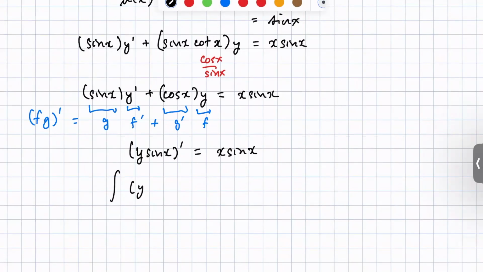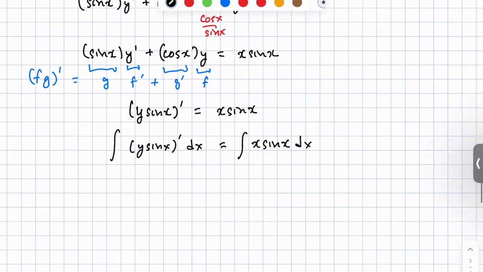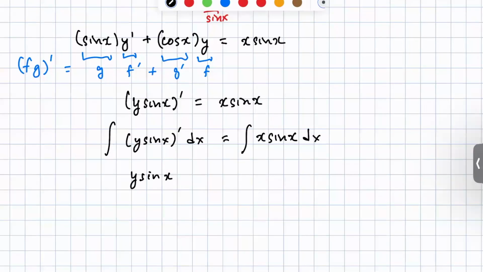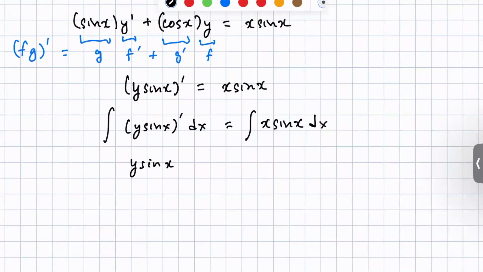So now let's integrate both sides, dx. When we integrate a derivative, the derivative and integral both cancel out.